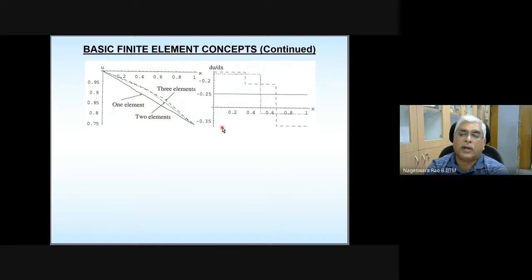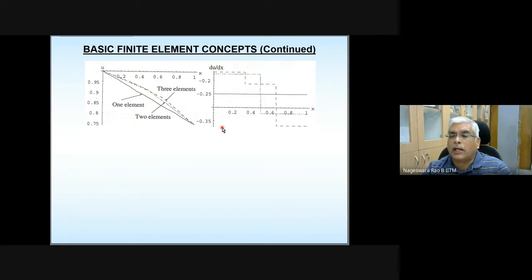Whatever trial solution you adopt, you need to include all the lower order terms in the basis function. Suppose you want to use a 4th order polynomial, you need to have a0 constant term, a1x, a2x squared, a3x cubed, and then only a4x to the power 4. Similarly, if you want to select a 5th order polynomial, you need to include all the lower order terms. You cannot skip the lower order terms.